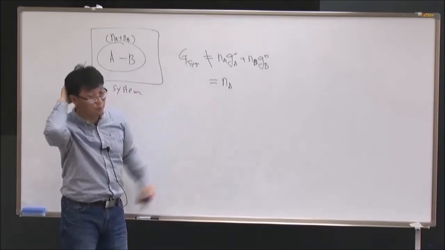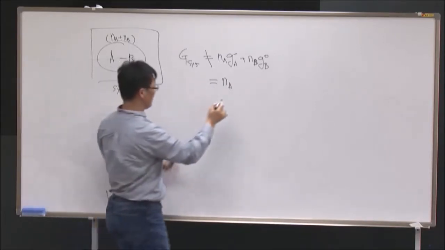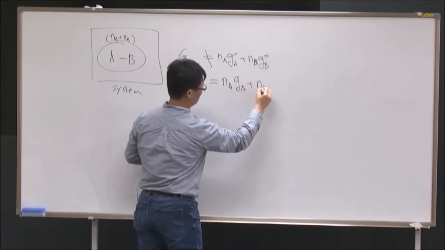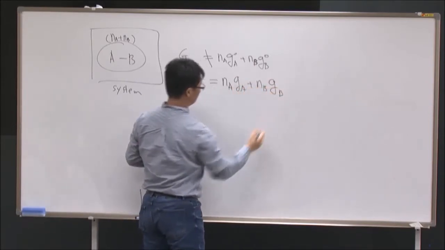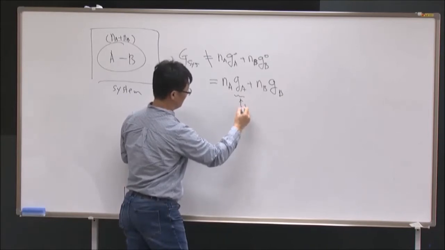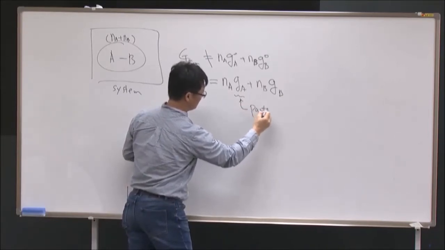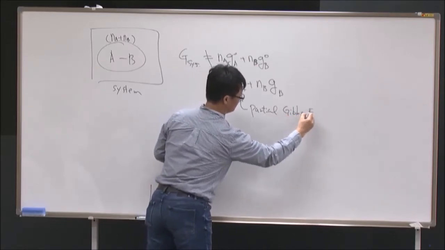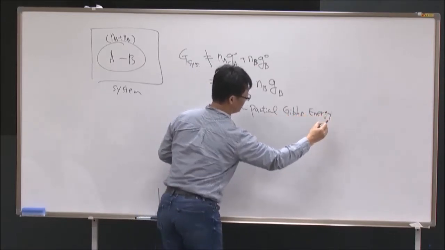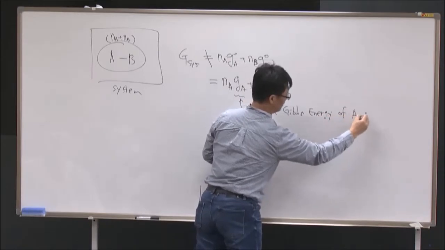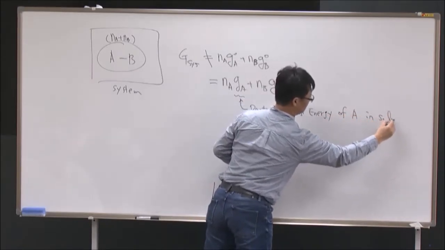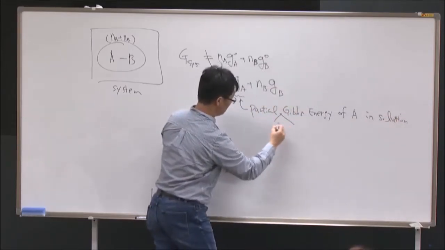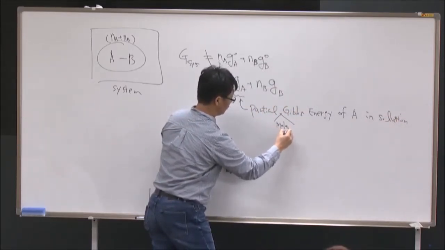How about, can I explain this one similarly, like NA times G_A plus NB times G_B? We call this the partial molar Gibbs energy of the A phase in solution. In this case, it is molar because it's the Gibbs energy per 1 mole.